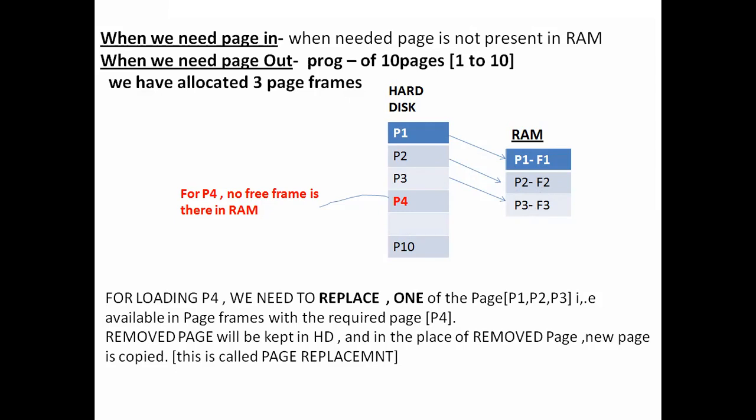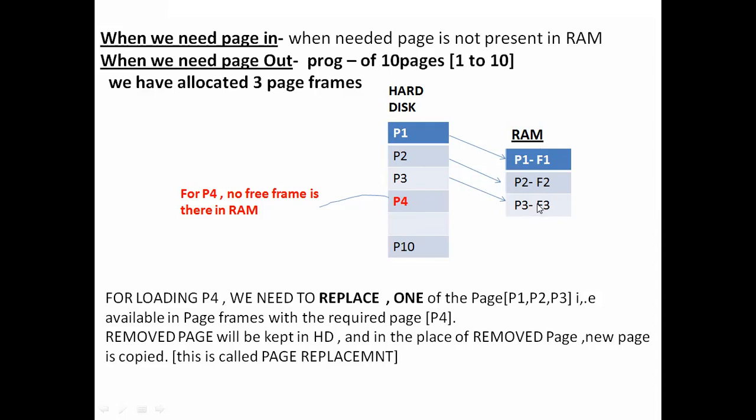Suppose the CPU is in need of the 4th page as well. But in the RAM, how many frames do we have? Only 3 frames available. So where to place this P4? No space, no location, no frame, no block is available in the main memory. Why?